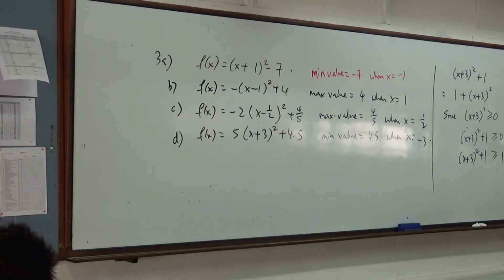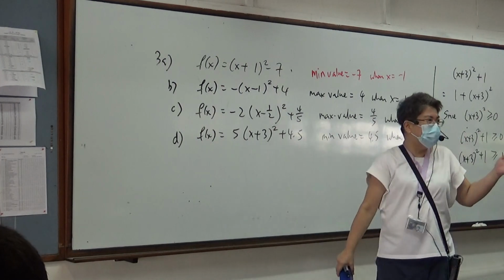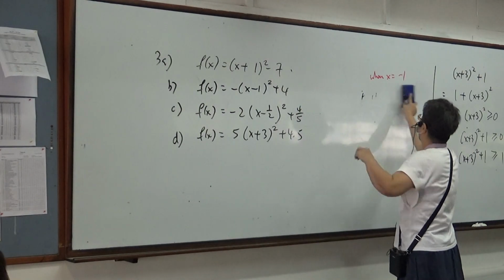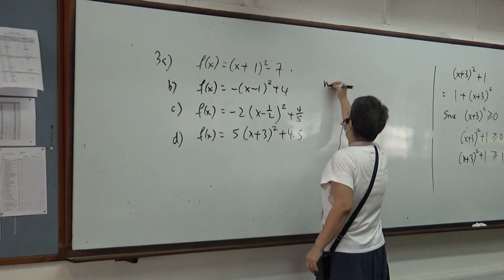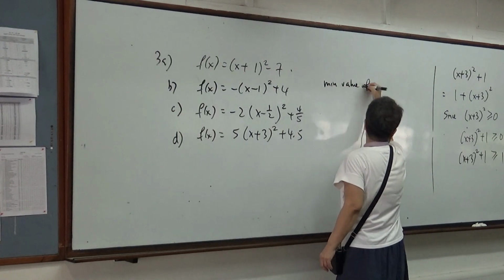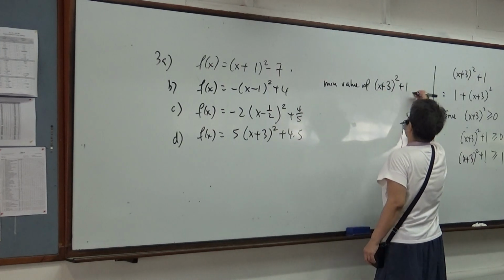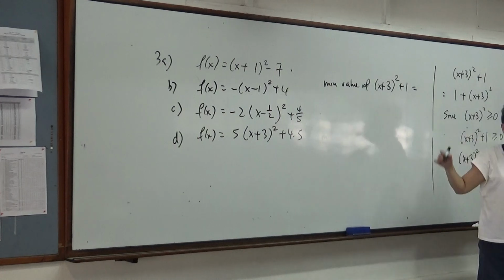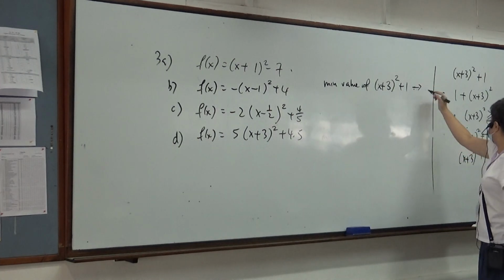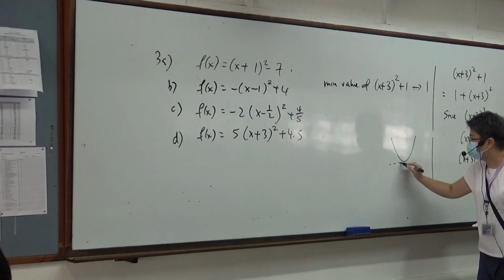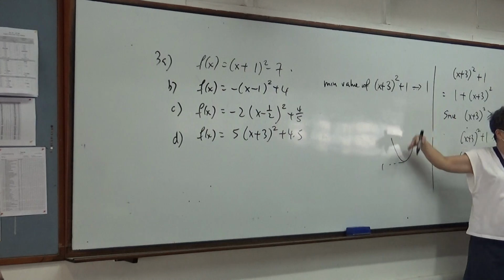Okay, what does this mean here? What is the minimum value of x plus 3 squared plus 1? It must be 1, right? If the minimum value is 1, that means it's always above 1.